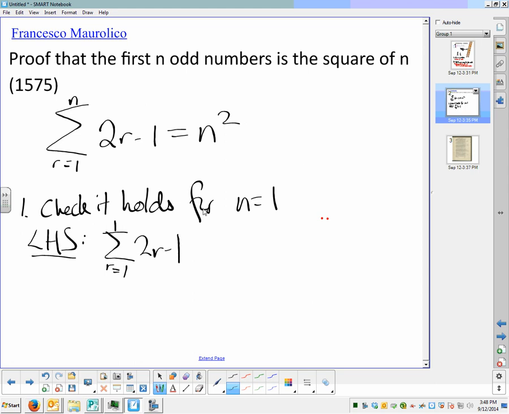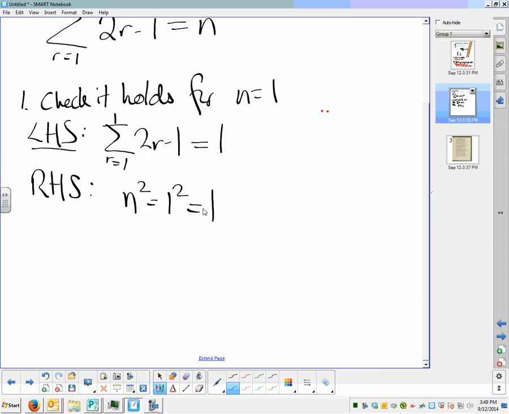So adding up all the odd numbers from 1 up to 1, that's just 1. And the right-hand side, do the same thing. I've got n squared, which is 1 squared, which is 1. So it's true for n equals 1. I can get on the ladder. That's usually the easiest part of mathematical induction.